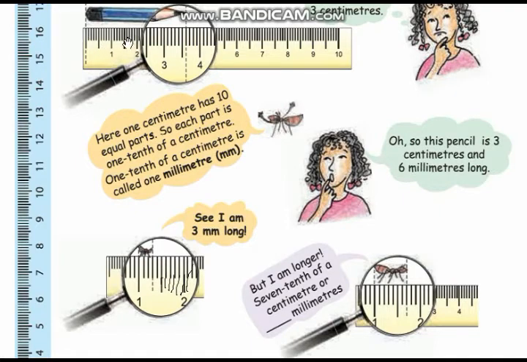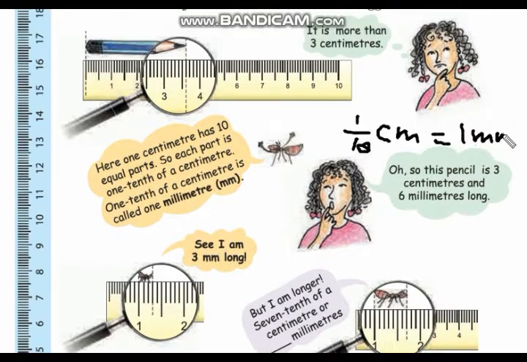So here also we can say that each part is 1/10 of a centimeter. 1/10 of a centimeter is called 1 millimeter. That means 1/10 centimeter is equal to 1 millimeter.